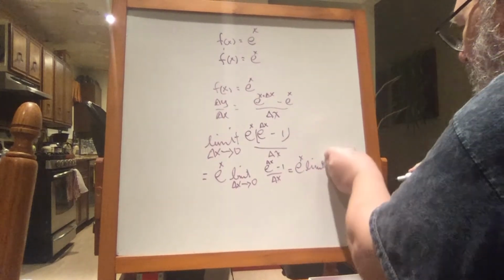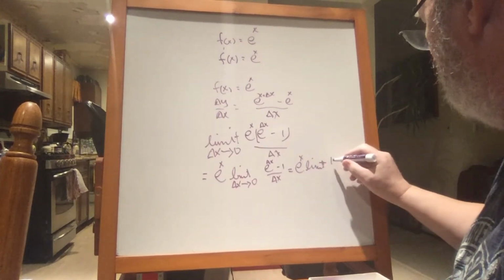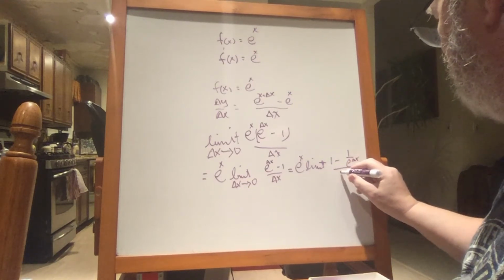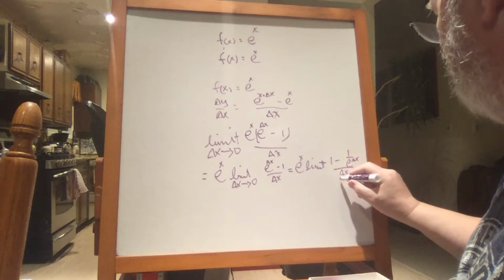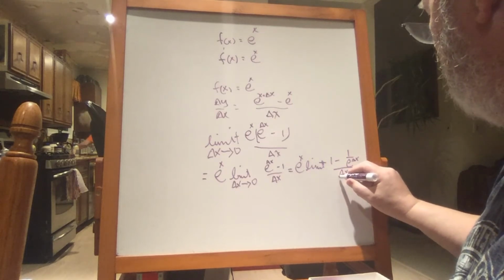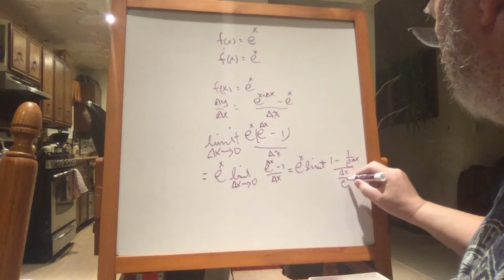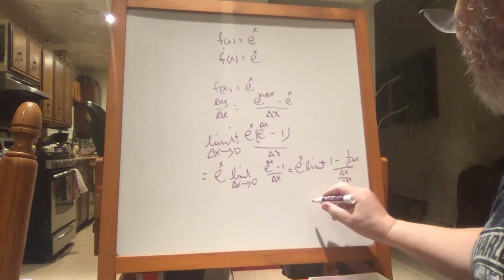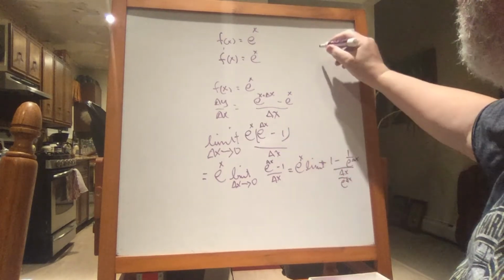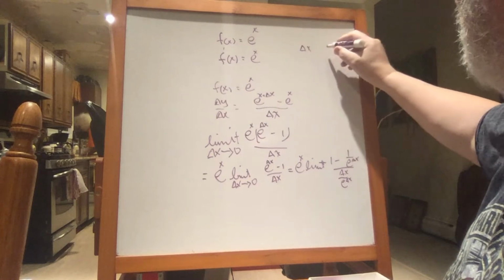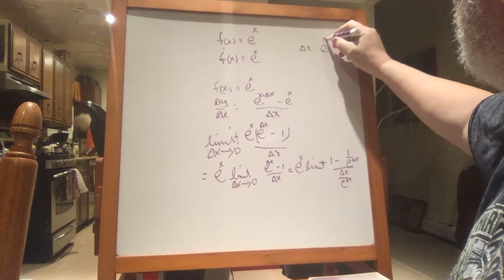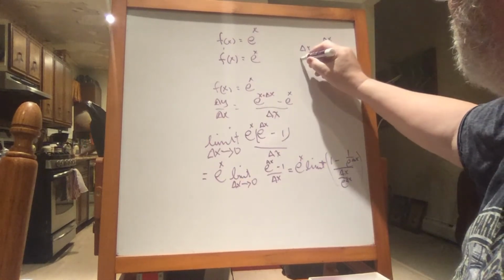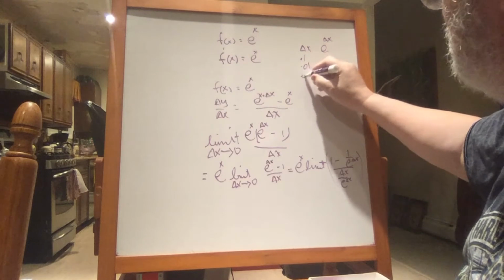I got 1 minus 1 over e to the delta x over delta x, and we have e to the delta x here. And when we look at these limits, we make a table, delta x and e to the delta x, and we plug in the values as we go, 0.1, 0.01, 0.001.